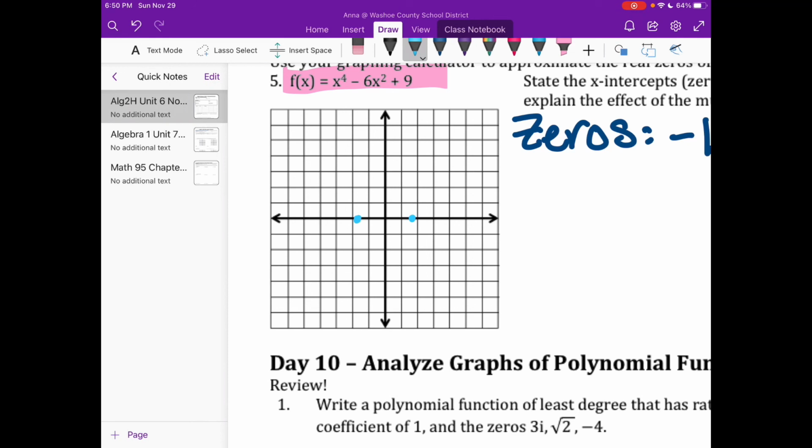And then I do have the max at 9. 1, 2, 3, 4, 5, 6, 7, 8, 9. Okay, we'll just pretend it's right up here. That was a mess up. Okay. And we know the general shape of my graph looked like this. It was that W shape. Okay, it doesn't have to be perfect, just as long as it has that general shape.